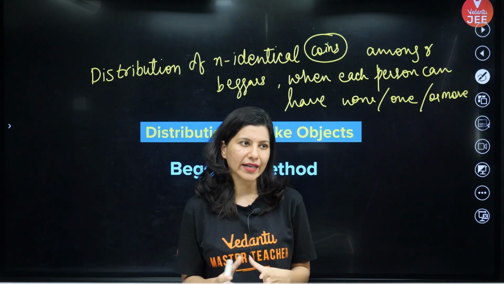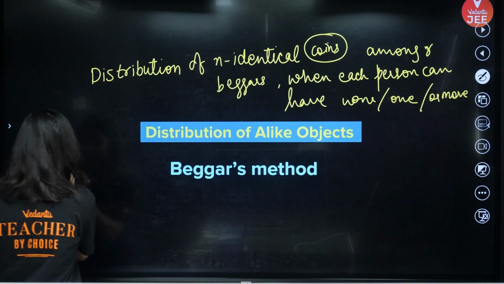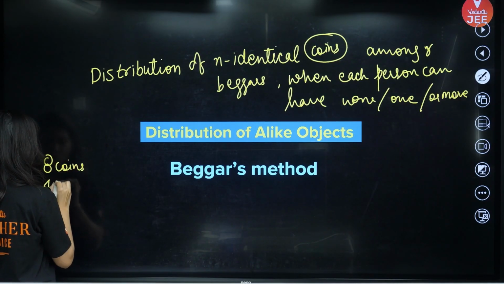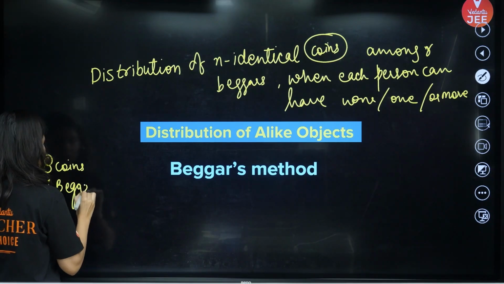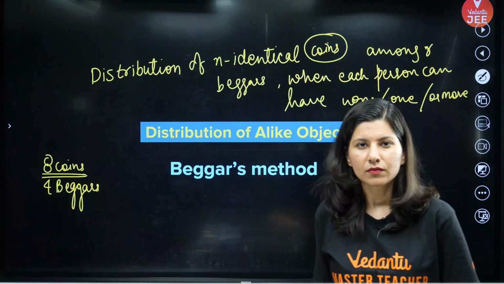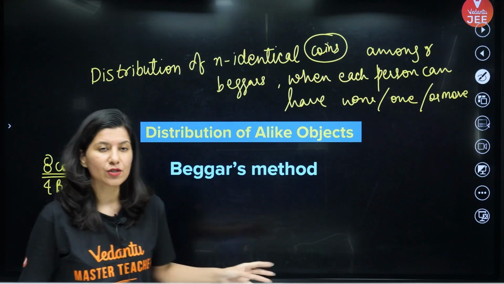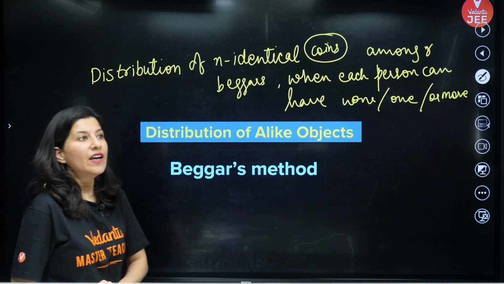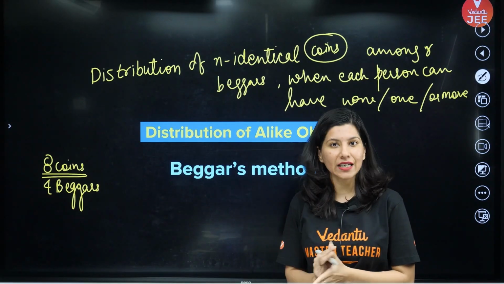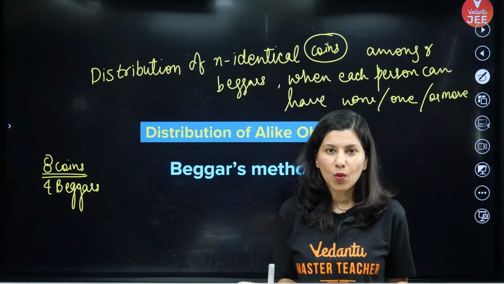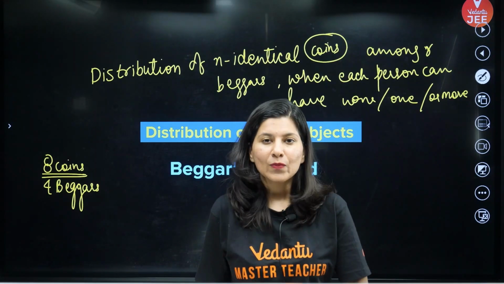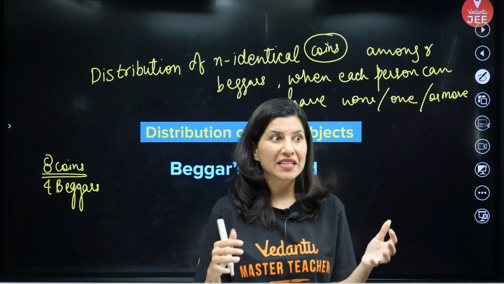Suppose you have 8 coins and you have 4 beggars. The condition is you have 8 identical coins, maybe 1 rupee coins. So 8 one rupee coins should be distributed to 4 beggars, wherein the agenda is to just exhaust all the 8 coins. I am not bothered whether each beggar gets at least one, or whether it is distributed evenly.